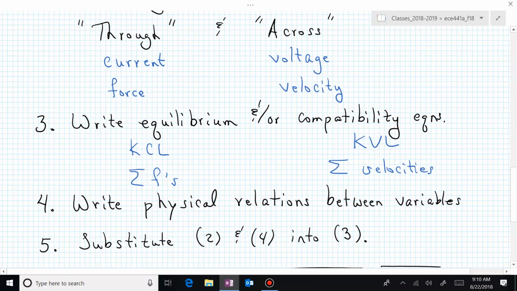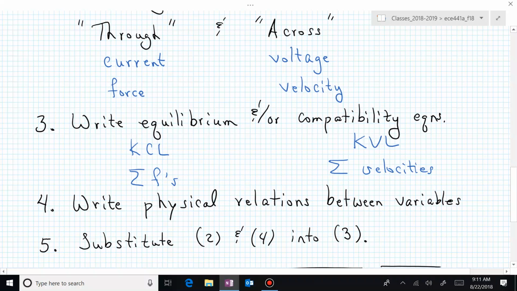You're going to get tired of this answer, right? It's ELI, ELI the ICE man. That's how you remember the physical relationships between current and voltage for inductors and capacitors. And we will work through the physical relations for mechanical systems.